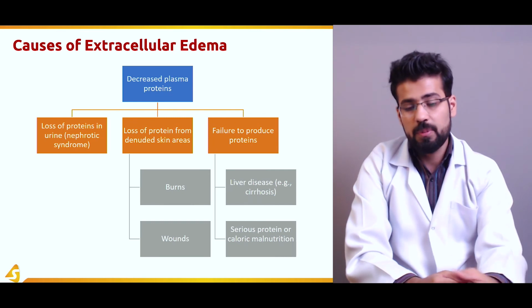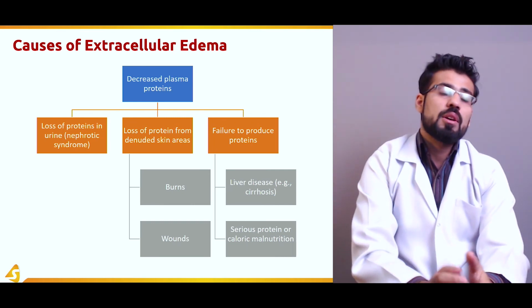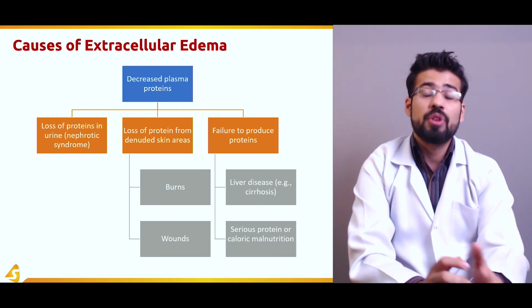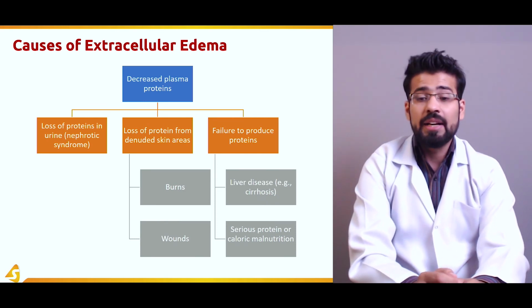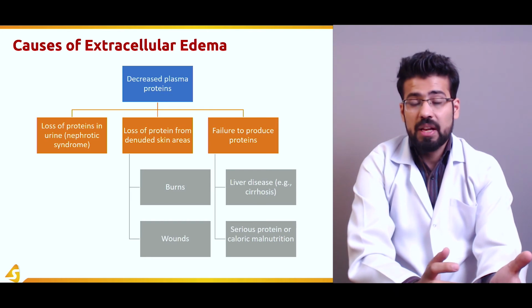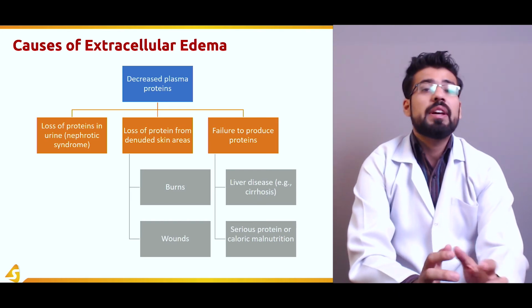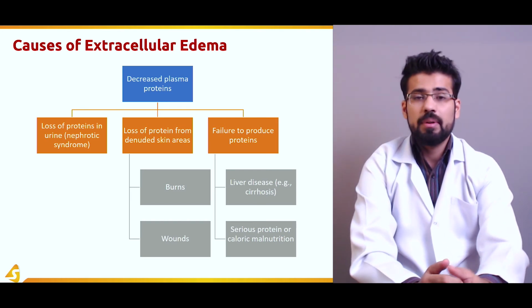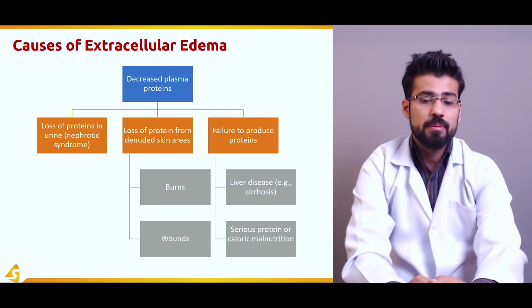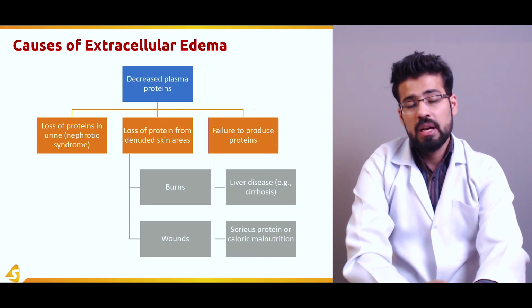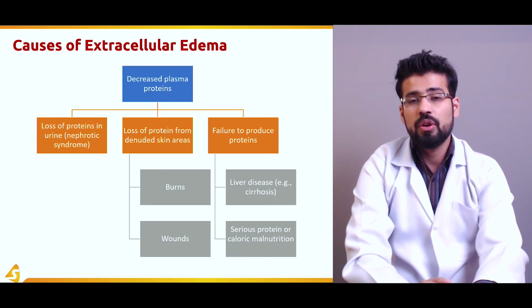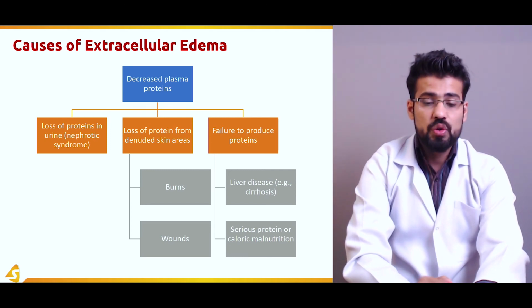This occurs in burns or wounds where there is a loss of protein from the denuded skin area, so decreased plasma proteins. Decreased plasma protein can also occur because of the failure to produce proteins, for example in liver disease such as cirrhosis, or if there is a serious protein deficiency or calorie malnutrition.